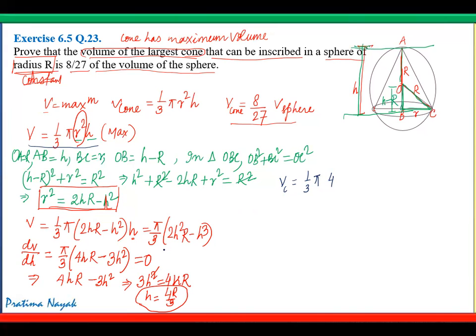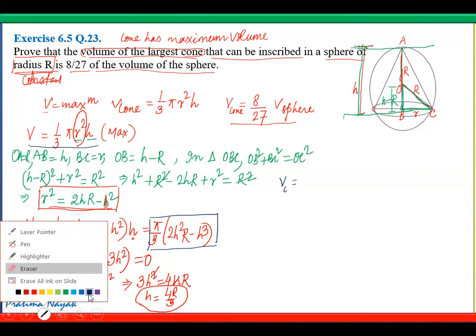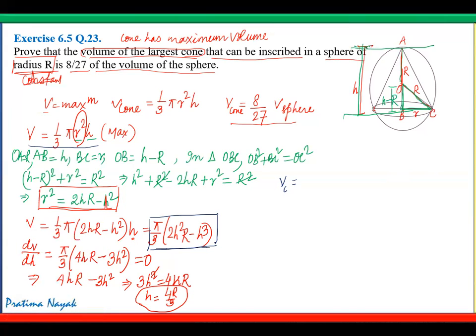Where I should put the value, I should take this expression, then only H is there, I can get it. Always try to decide where you will put the value so that it will be easy for you. So I am taking this expression: pi by 3 and 2H square, where H square will be (4R by 3) whole square, into R, minus H cube, where H cube is (4R by 3) whole cube.